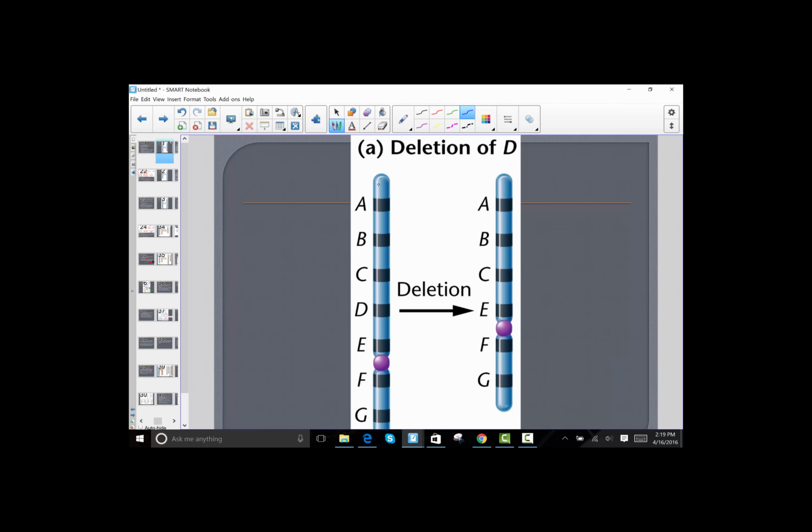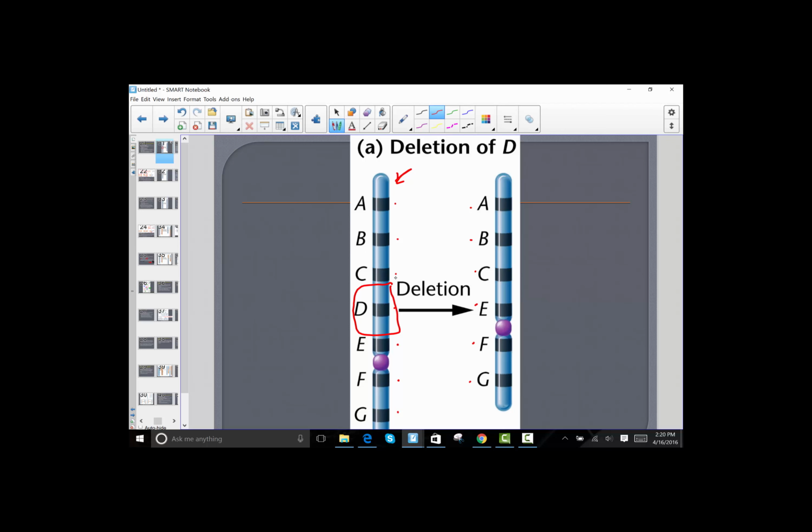For this particular chromosome, you have genes A, B, C, D, E, F, and G. Now something happens in this process, and as you come from this normal chromosome, notice that you now have A, B, C, E, F, and G. So we've had a deletion of this particular segment, somewhere around in here.